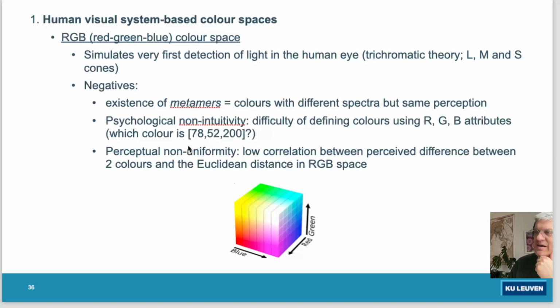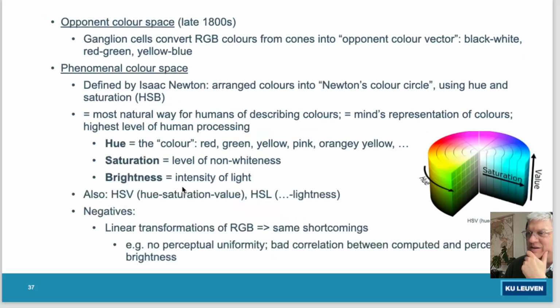And also it's very non-intuitive. So for example, this is how much red, this is how much green, this is how much blue. What color is this? I have no idea.